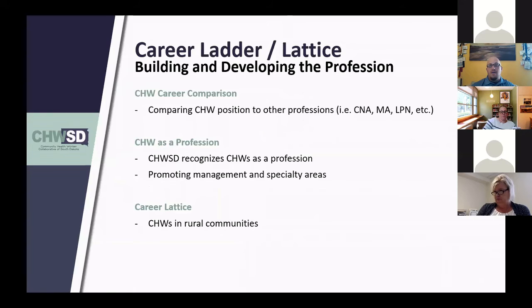And it's really taking a deeper dive into what other positions are out there that may compare to the community health worker profession. One question that I've been asked, and I know that's a concern on a more national level, is that community health workers might come into an organization and take over work that someone else is doing. Maybe it's a medical assistant or an LPN or an RN or a social worker.